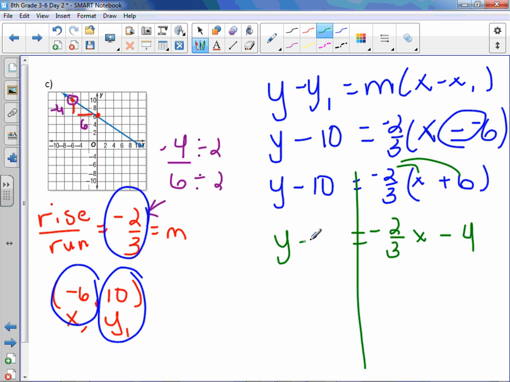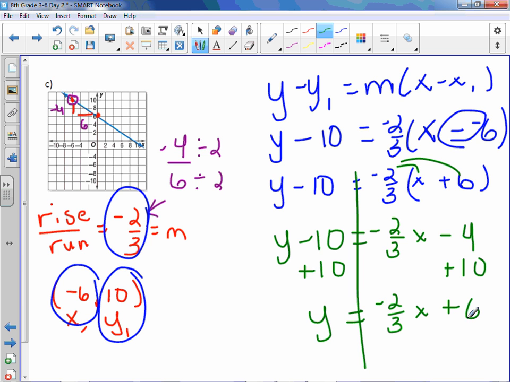Bring down the y minus 10. We still need to get y by itself, so I will add 10 to both sides. Y equals negative 2/3 x plus, combine your like terms, negative 4 plus 10 is positive 6. So that is the equation of the line.